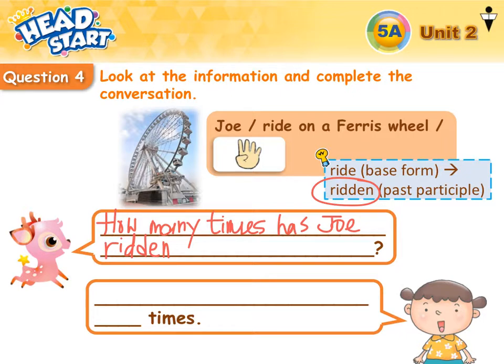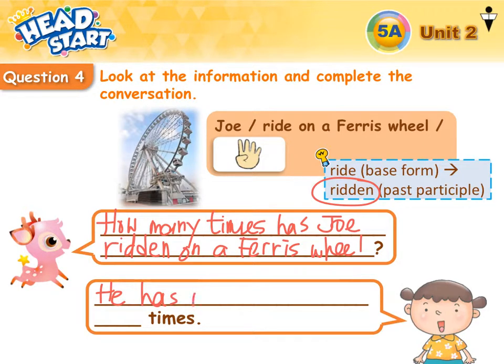How many times has Joe ridden on a Ferris wheel? Okay, Joe is a boy, so the pronoun should be he.